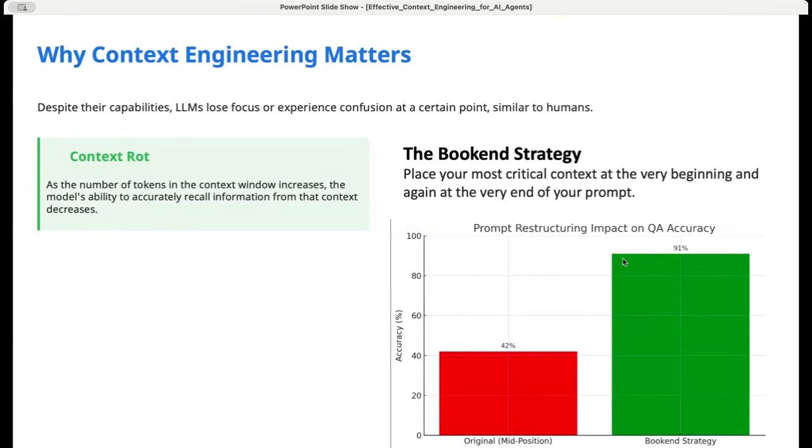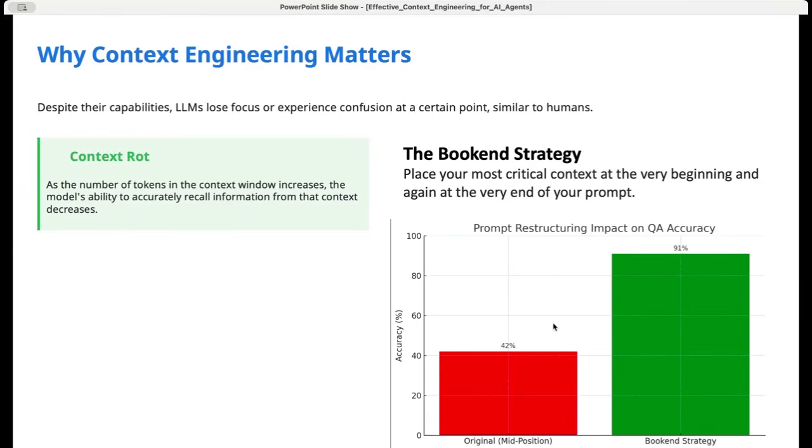And then people also talk about how we can mitigate this. We already know that the LLM pays more attention to the tokens at the beginning and at the very end of the prompt. So people say, can I put the most critical context and instructions at the beginning or toward the end? Or maybe both at the beginning and the end, to make sure the LLM follows my instruction correctly.